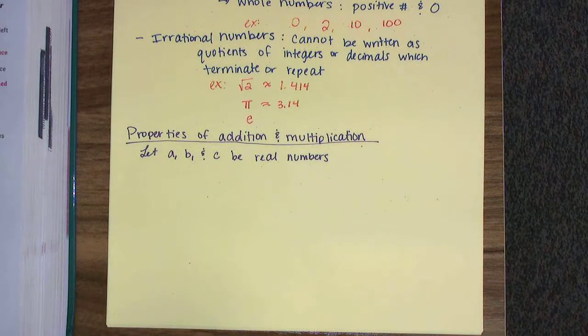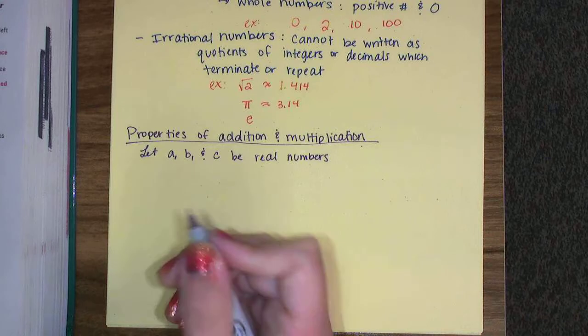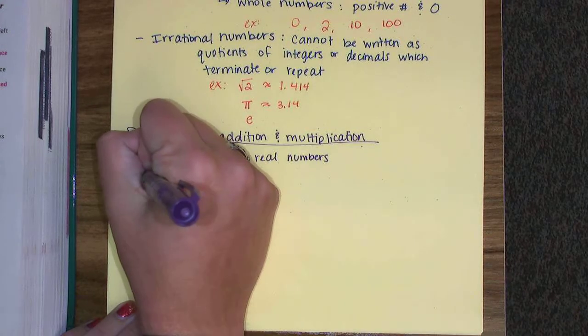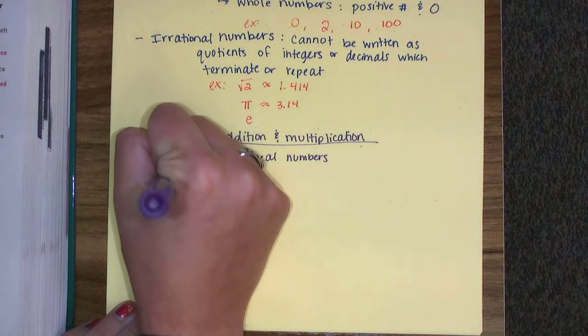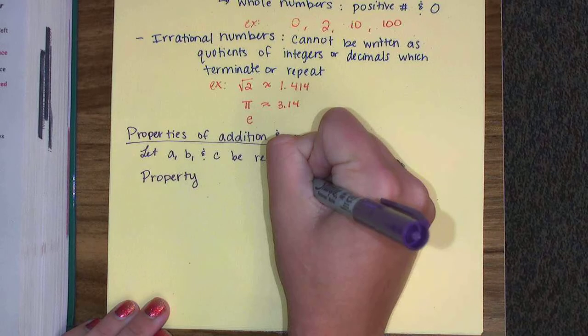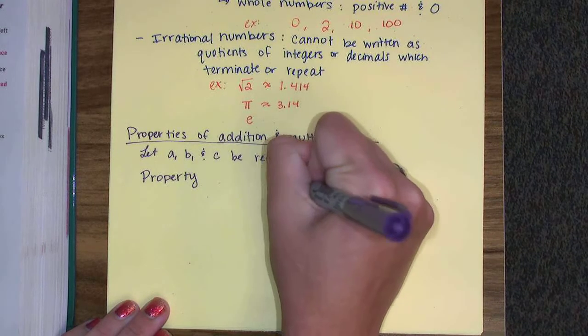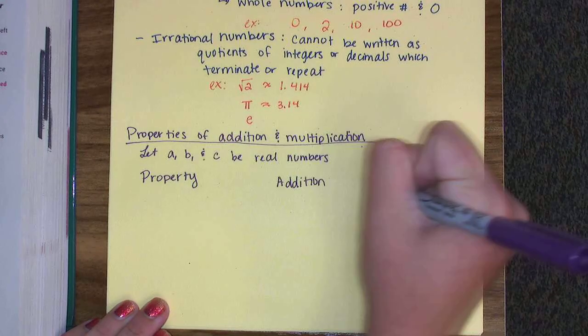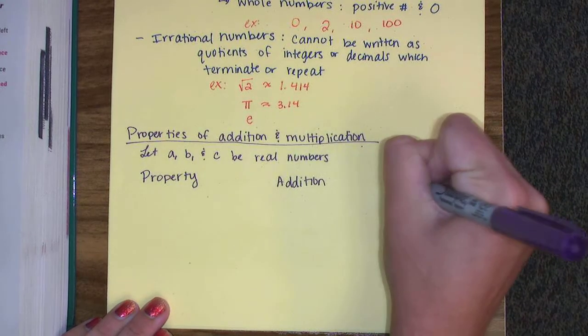And I'm going to make a table here. So we're going to need 3 columns: the property, and then what it is for addition, and then for multiplication.